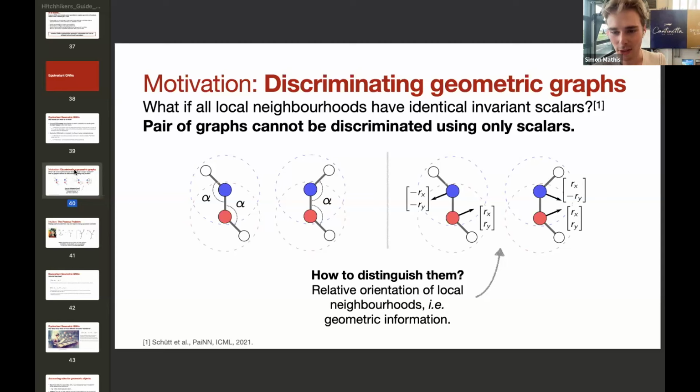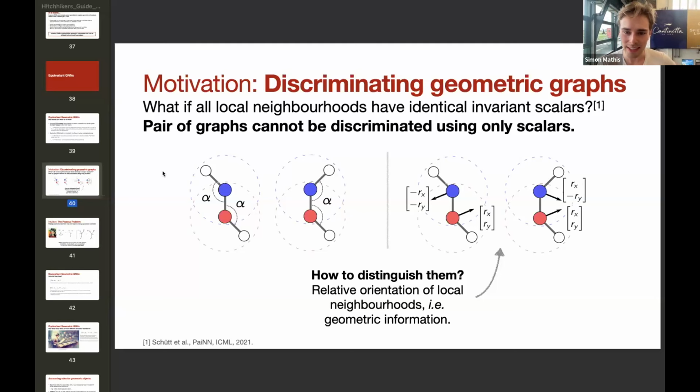And so if you had access to this orientation information on top of just the invariant information of angles and distances, you could actually tell that they are different, even if you only have local information from a single one-hop neighborhood. So that shows in an example why we might think that equivariant networks are more powerful if restricted to the same local neighborhoods.